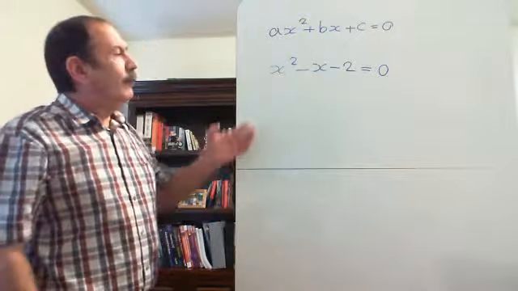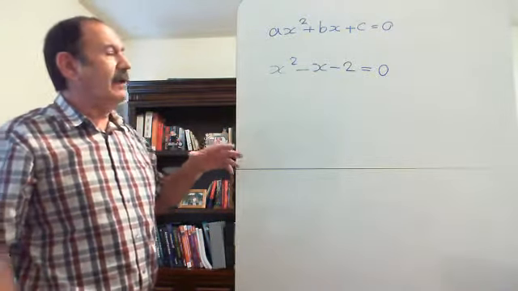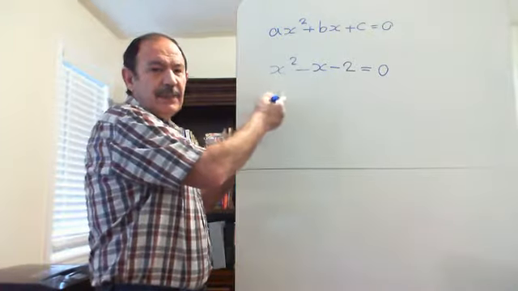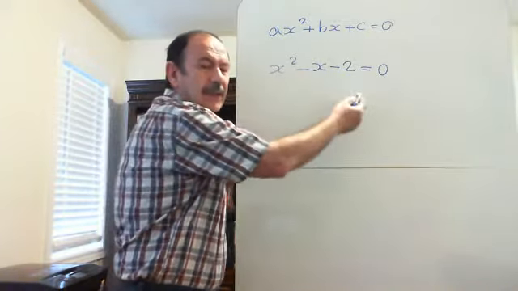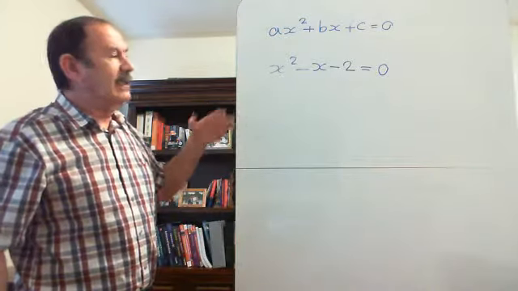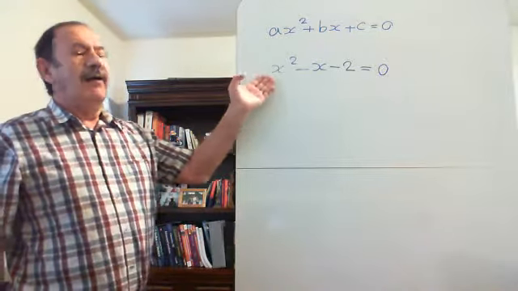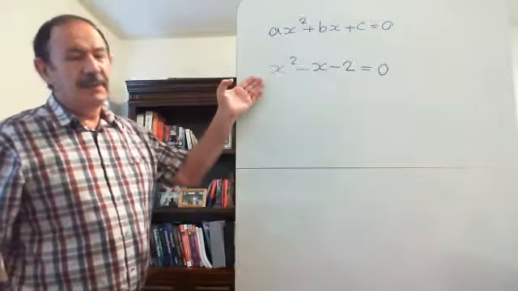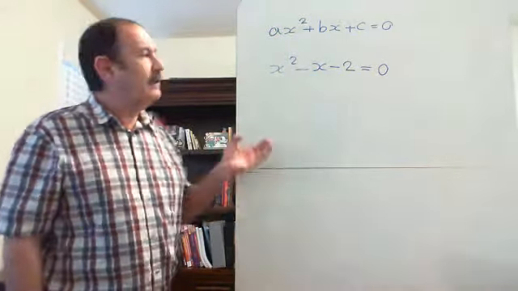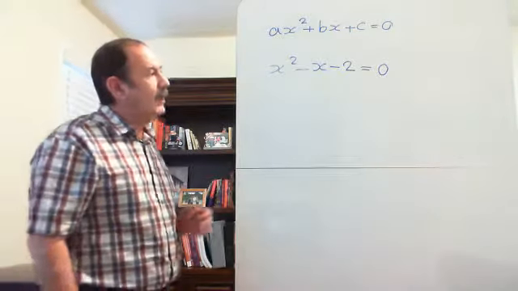Again, remember what is the meaning of solving? I need to find a value of x, that when I substitute in the formula, the left side and right side are equal. This is the meaning of solving an equation: finding the value of the variable that, when we substitute it in the equation, makes the left side and the right side equal.